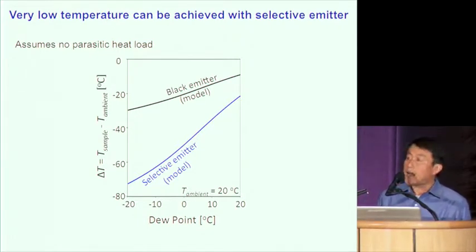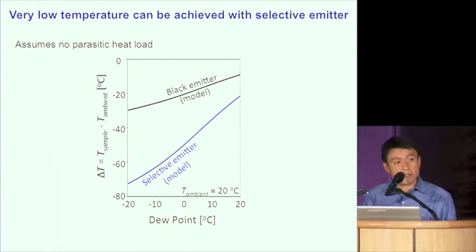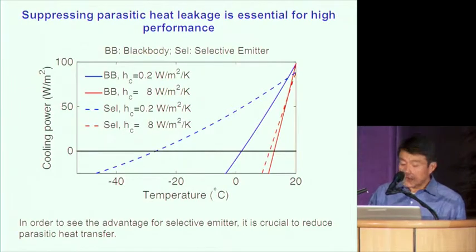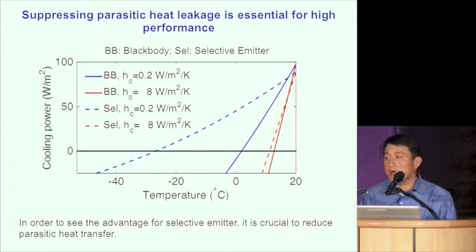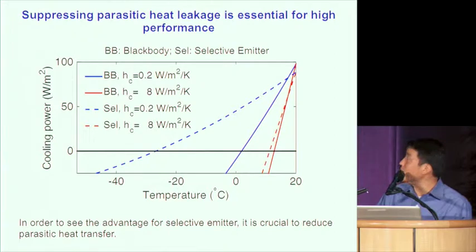So I talked about the importance of using a photonic design in order to improve the emissivity spectrum. In addition, a very important consideration in order to reach ultimate performance is to suppress the parasitic heat leakage that the environment may put on the emitter.